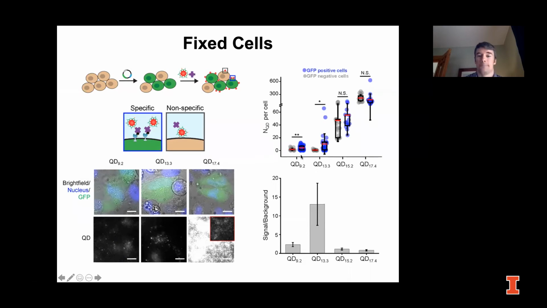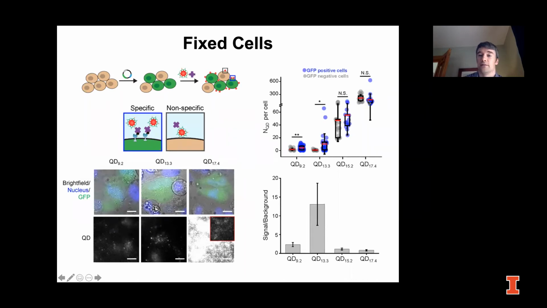And what we see here on the top right is labeling per cell with 4 different size quantum dots. The quantum dot size is shown on the x-axis. That's QD 9.2 up to QD 17.4. And we see an increase in both specific binding, which is shown in blue, that increases pretty dramatically above 13 nanometers, as well as an increase in the non-specific binding, which is shown in gray.